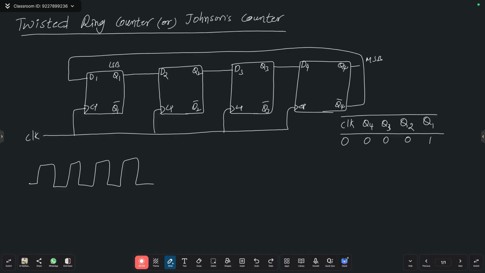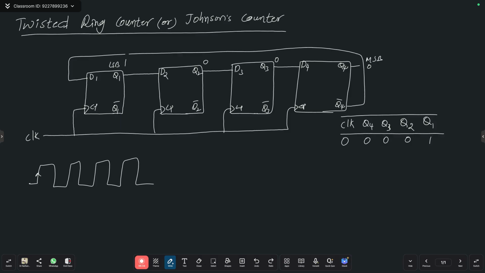Whenever I am giving this, what is happening here? Just check it. Q4 is 0, Q3 is 0, Q2 is 0, Q1 is 1. Correct? Yes, this is initially. Correct? So then I am supplying a clock now.